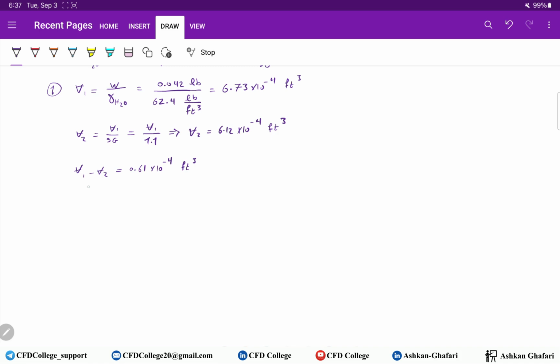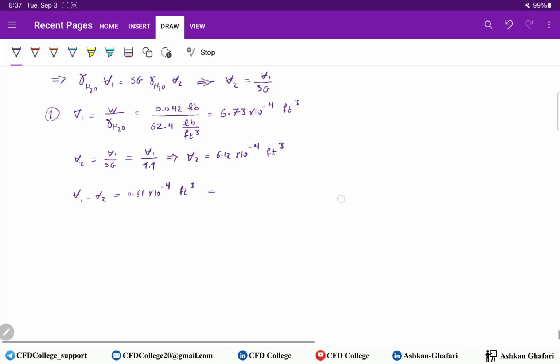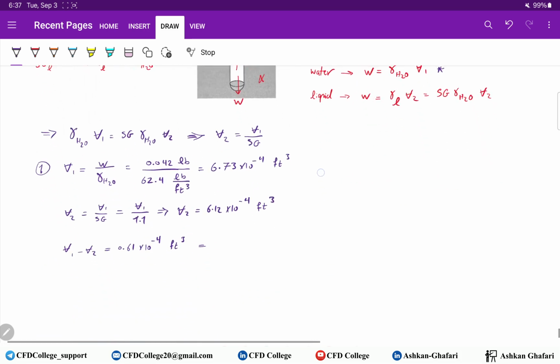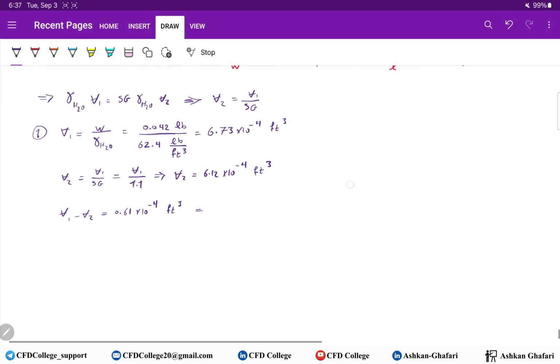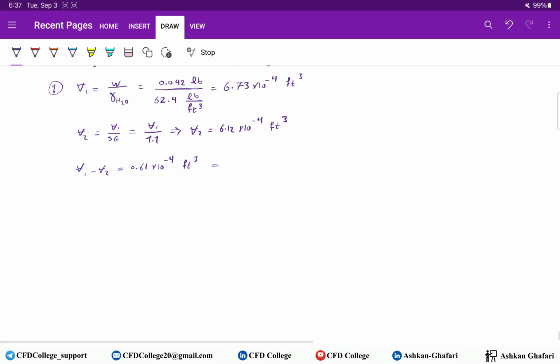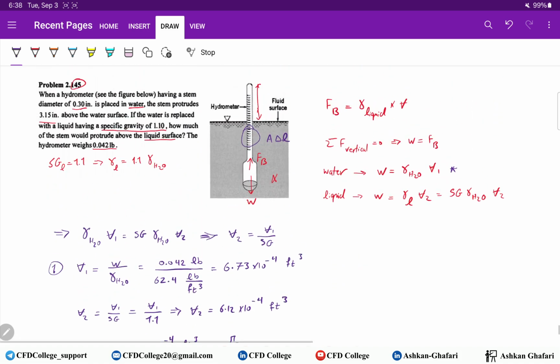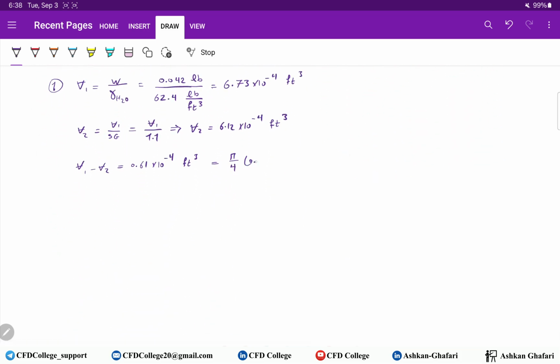So this volume difference equals the volume of this part, which is equal to area times delta L. The area of a circle is pi over 4 times diameter square, which is 0.3 inches square times delta L. It's equal to this value, 0.61 times 10 to the minus 4 cubic feet.